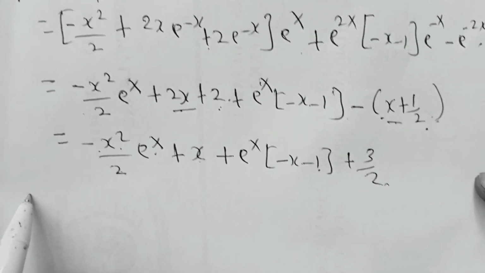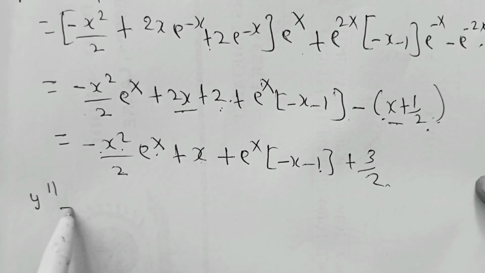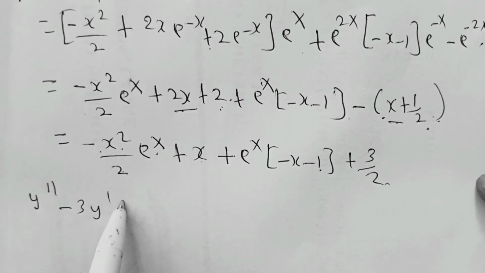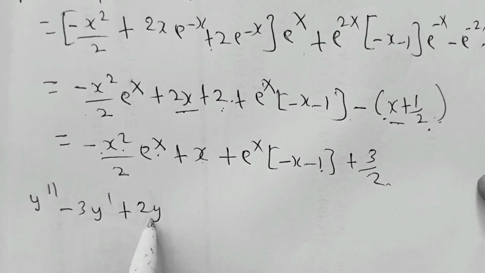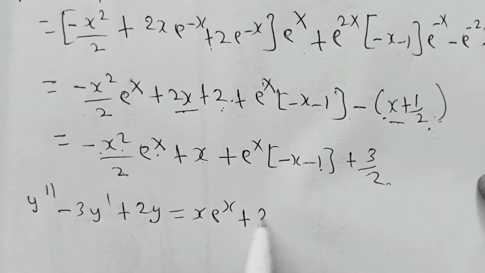So our given O.D.E was y double prime minus 3y prime plus 2y is equal to x exponential x plus 2x.